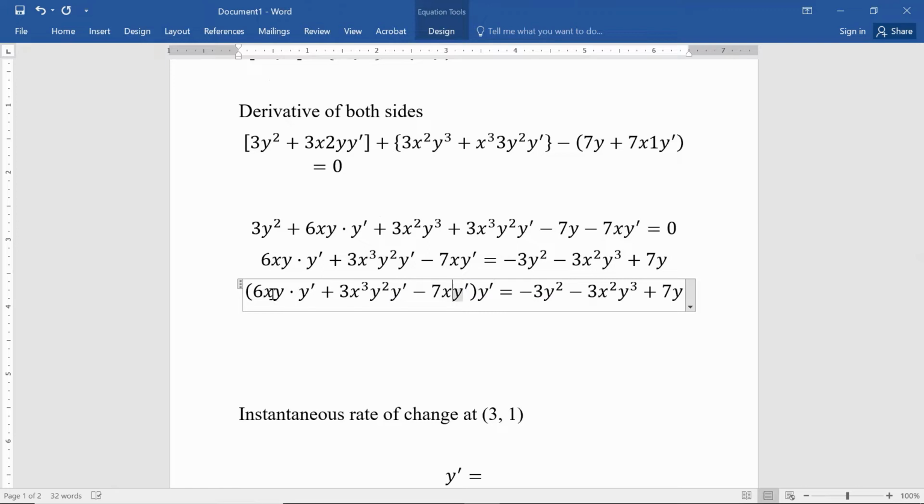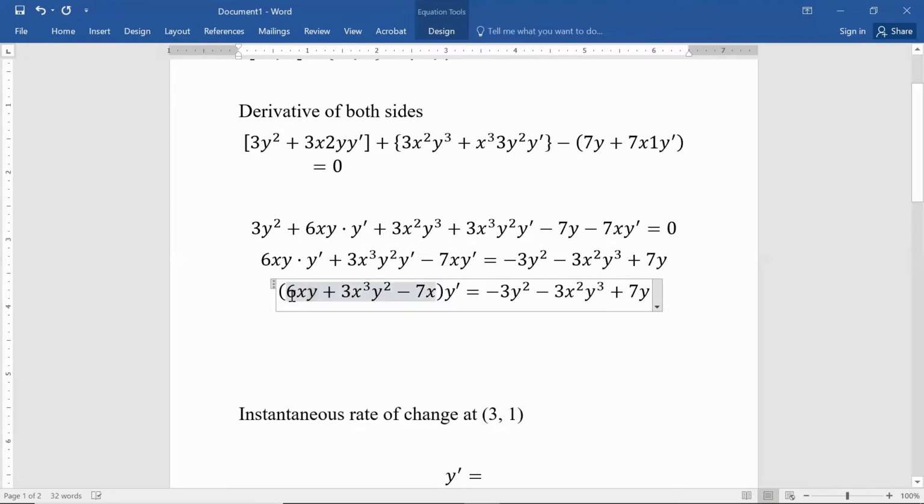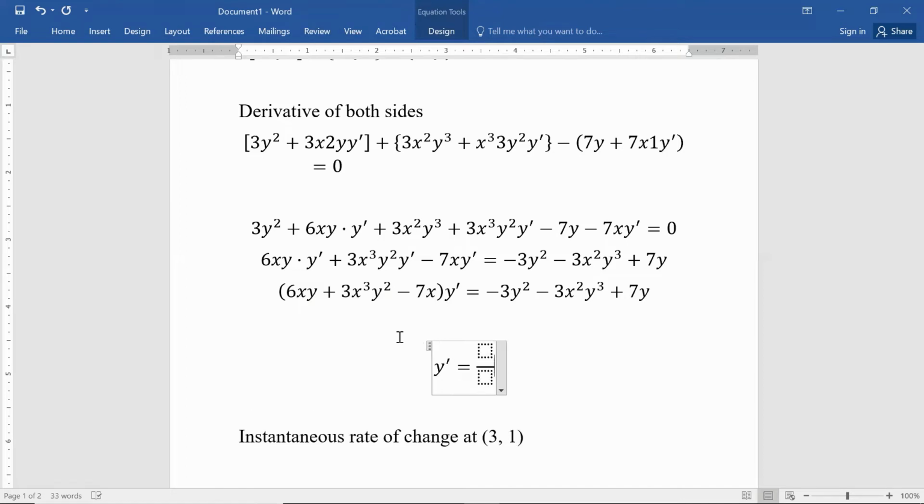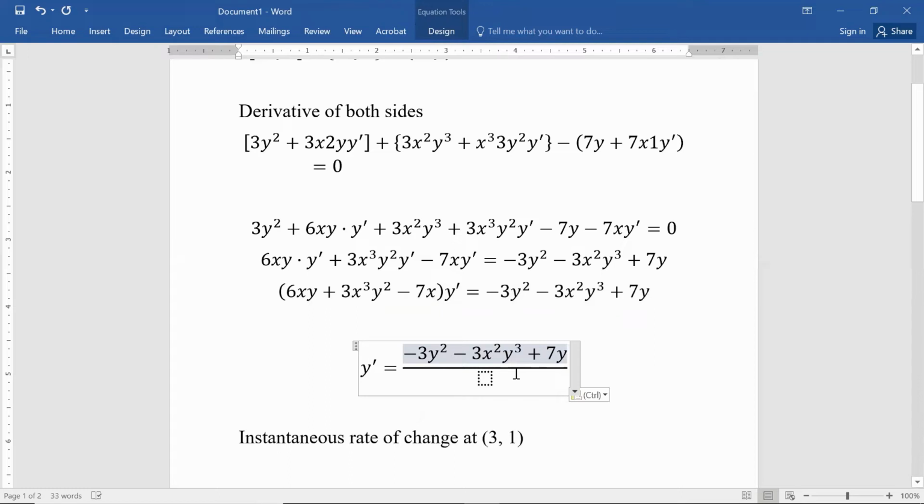So if I factor out y prime, I can get rid of one factor of y prime on each term here on the left, and then divide by that coefficient, which means that y prime is equal to a really big, ugly looking fraction, the numerator of which will be negative 3y squared minus 3x squared y to the third plus 7y.